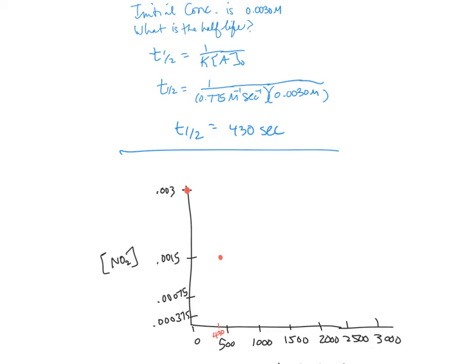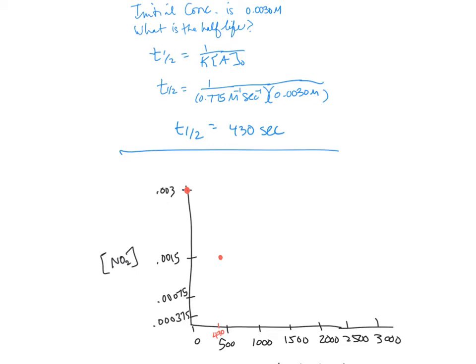So for the second half-life, we're going to take the value of 0.0015 as the initial concentration, and then we're going to let it drop to half of its value again. So what I'm saying here is that the initial concentration 0.003 we started out with here, now we're going to take 0.003 and divide it by 2. So there's a factor of 2 that comes up into the numerator here.